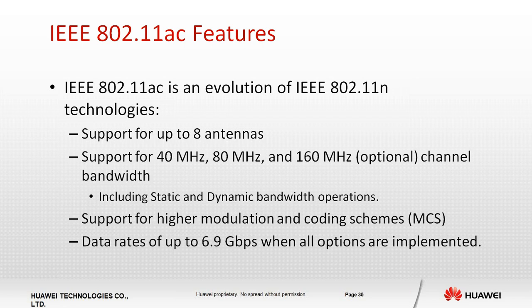As I mentioned, the first generation of chips is already available. They support 3 antennas and up to 3 spatial streams, and the data rate supported is 1.3 gigabits per second at 80 megahertz channel width.